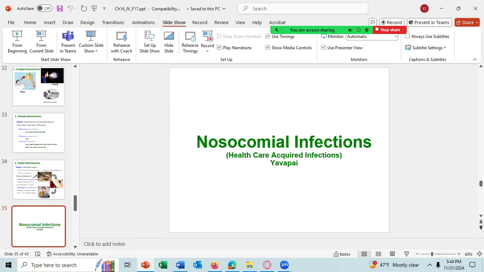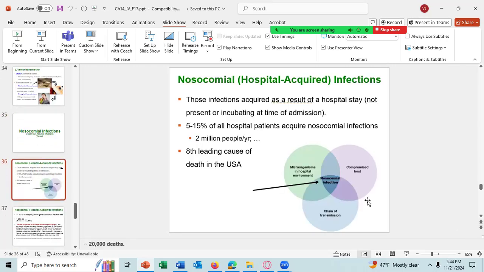All right, let's move on to nosocomial infections. These are also called health care acquired infections. This might be the most important topic that you can learn in microbiology. A nosocomial infection is one a patient gets from checking themselves into a health care facility, such as a hospital or a nursing home or some other healthcare facility.